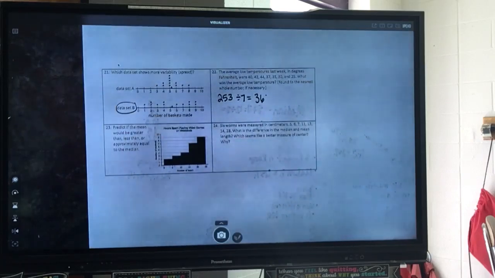All right, number 23, it says predict if the mean would be greater than, less than, or approximately equal to the median. What do you guys think? Let's do it this way. Stand up if you think it's gonna be greater. Okay. Stand up if you think it's gonna be less than.